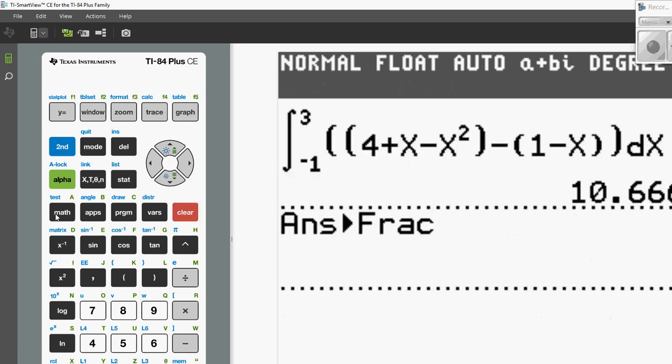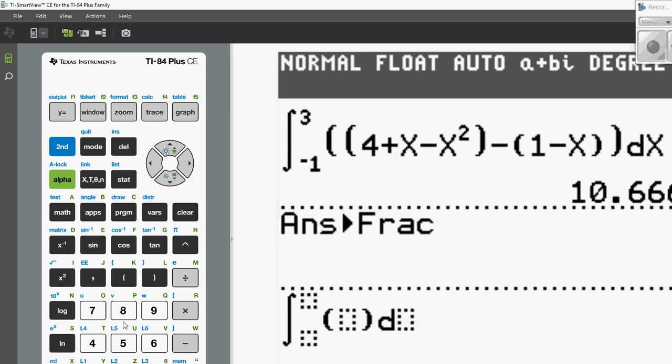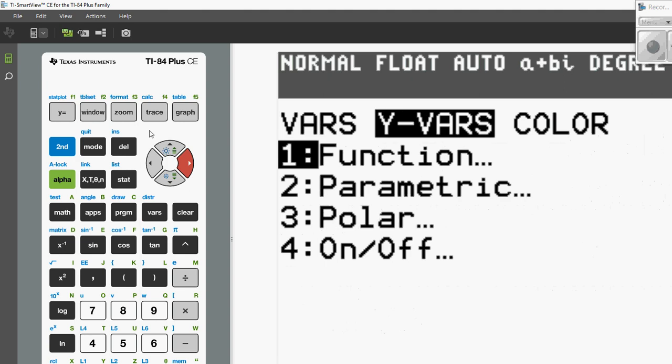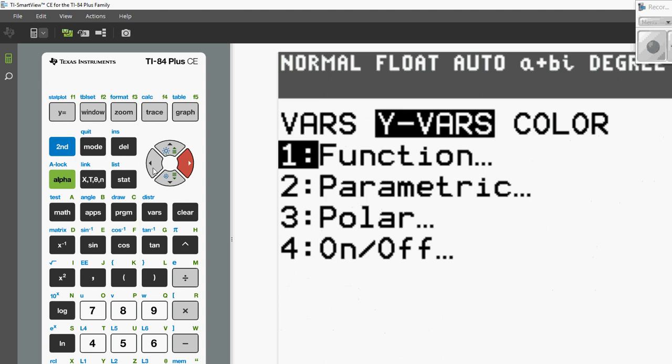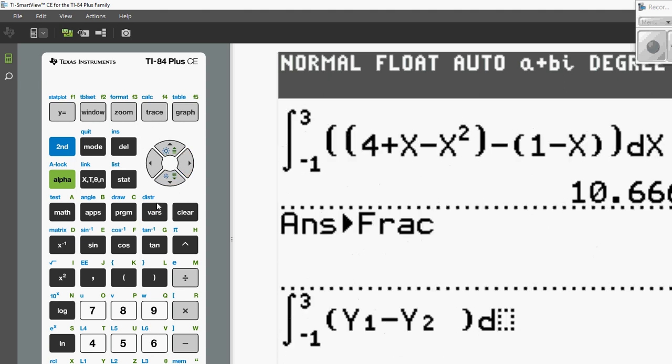As I go to use my function integrator on my calculator, I'm going to save myself some typing since I already have these functions typed in. I'm going to say -1 to 3. Now I can go to vars, y vars, function y1, minus vars, y vars, function y2, and then dx.